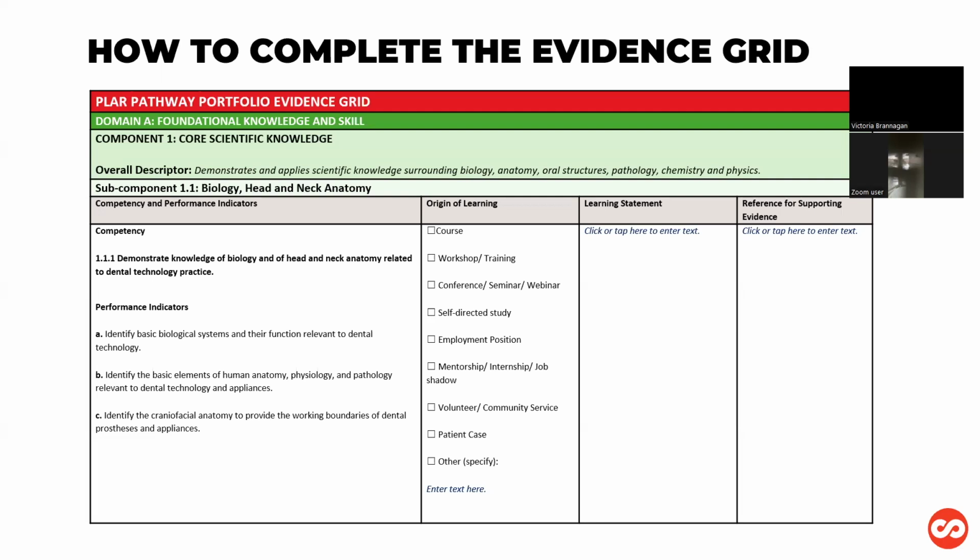And finally, think about the types of evidence that you can provide to demonstrate the knowledge and skills described in the competency, the associated performance indicators, and key evidence criteria. Now let's look at the characteristics of valid, demonstrative, and clearly labeled evidence in the next slide together.